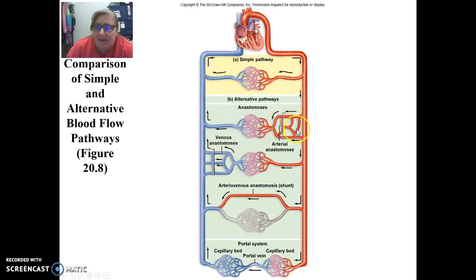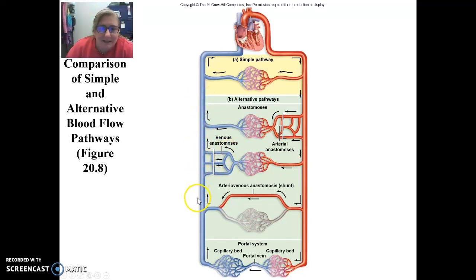So here we have these different ways that we can get blood to this capillary bed. What this does is, if there's a blockage in one of these arteries, it doesn't stop the flow of blood to the capillaries, so we're still getting nutrients to those capillaries. And here it's not stopping the flow of blood back to the heart because it can still get through. If there's a blockage here, you can just flow the blood through this way and get out.